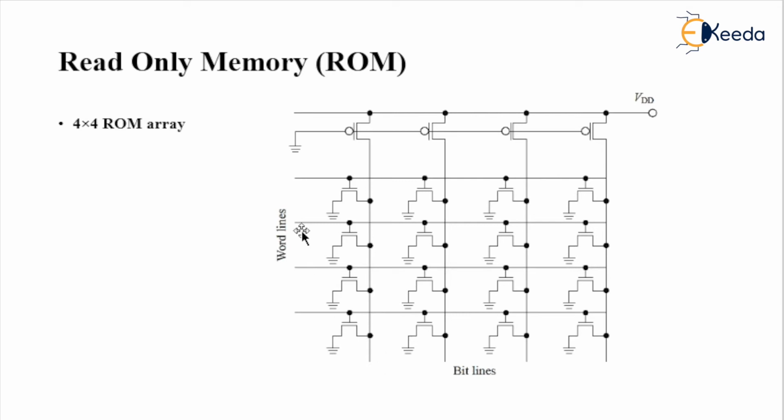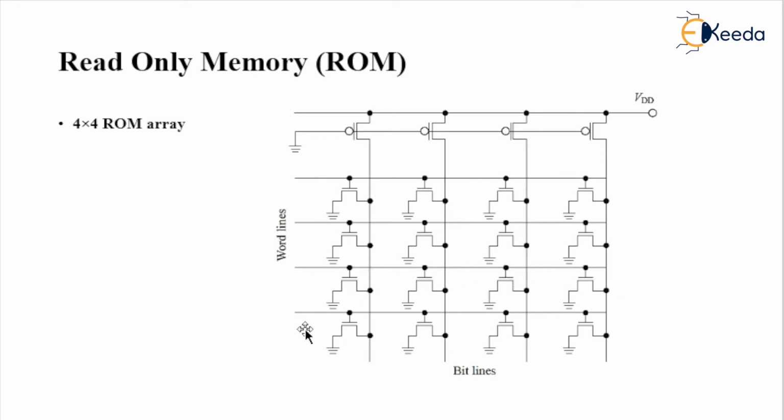So when the word lines are high, what happens? When all these lines are high, see here, all the word lines are connected to the gate potential. So every word line is connected to the gate potential. See carefully.